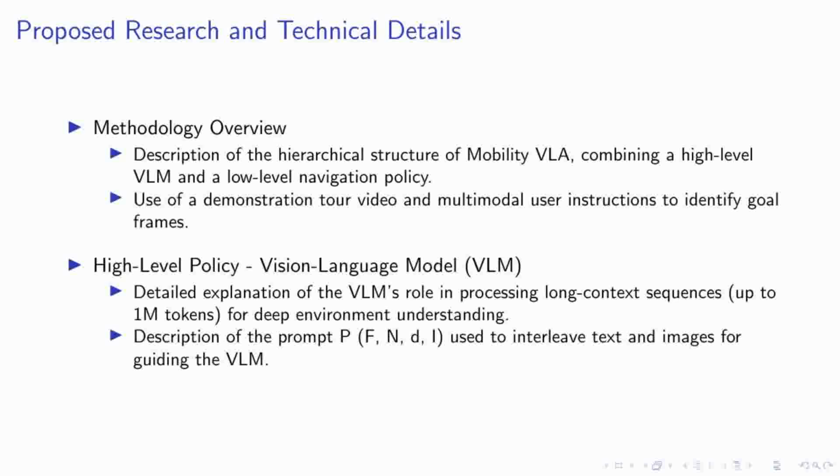This structure guides the VLM in processing and responding to the user's multimodal instructions, ensuring accurate and relevant navigational outputs. By leveraging these advanced methodologies, Mobility VLA sets a new standard in robotic navigation, particularly in how robots interpret and act on human instructions in real-world settings.